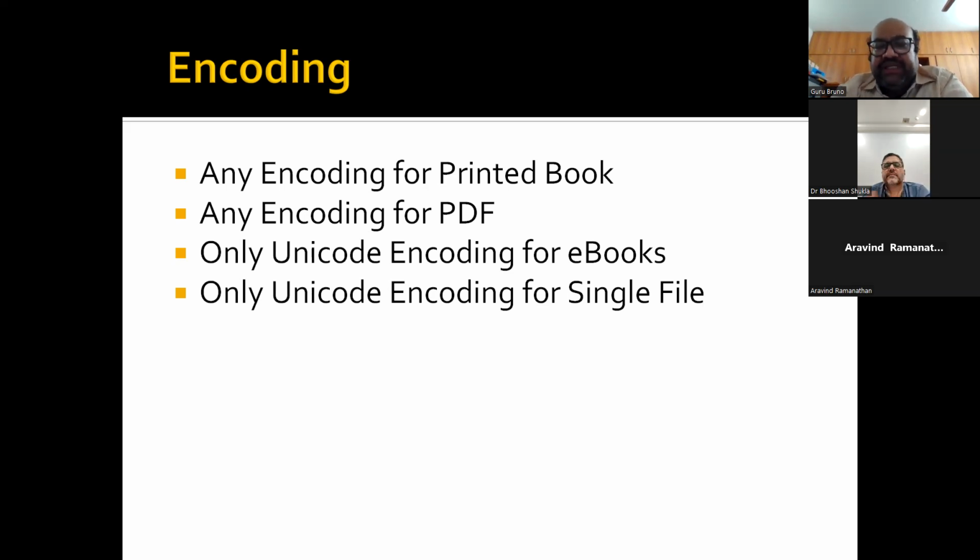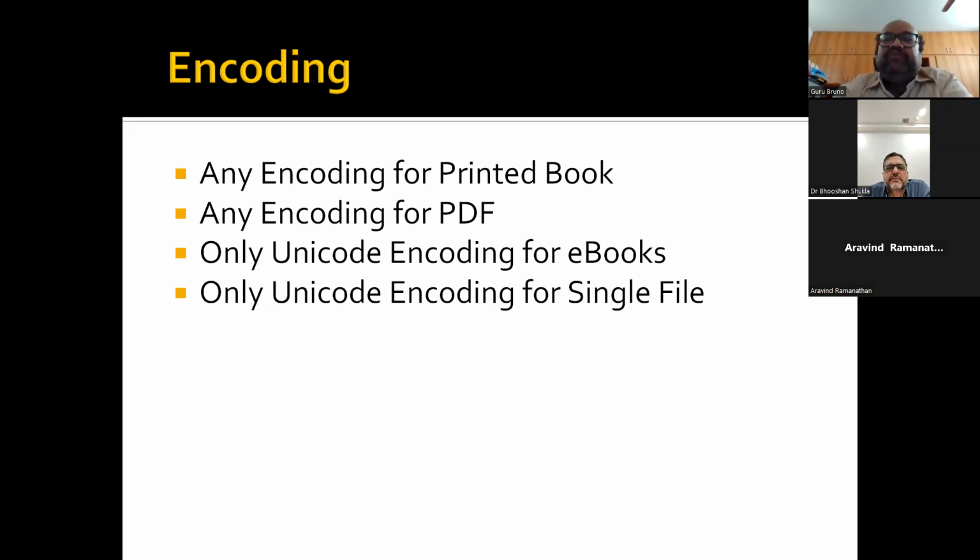If you are going to design an e-book, you have to use only Unicode. And if you are going to simultaneously publish it as an e-book as well as a printed book, you have to use only Unicode.